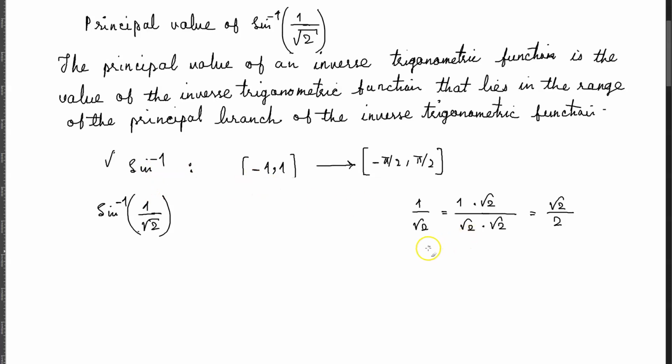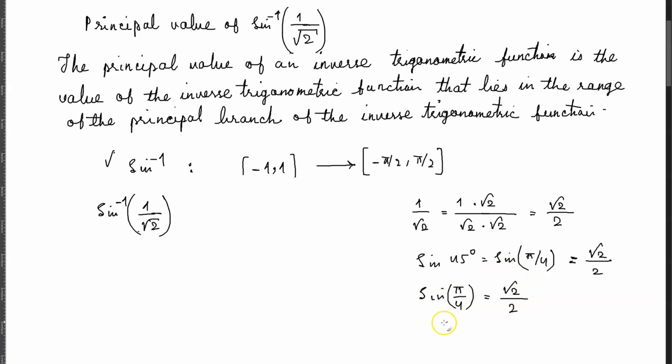And you know that sine of 45 degrees, or sine of pi by 4, is equal to square root of 2 over 2, right? So if sine of pi by 4 is equal to square root of 2 over 2, that means that sine inverse of square root of 2 over 2 is equal to pi by 4.